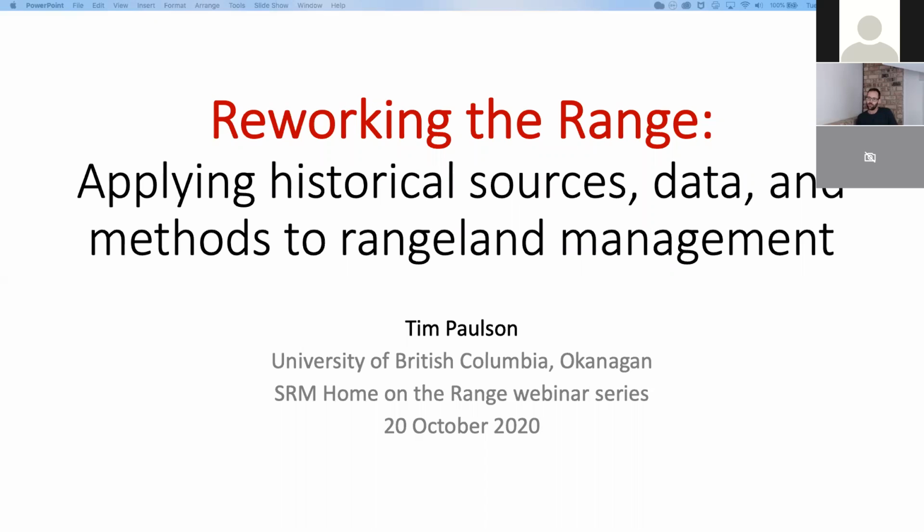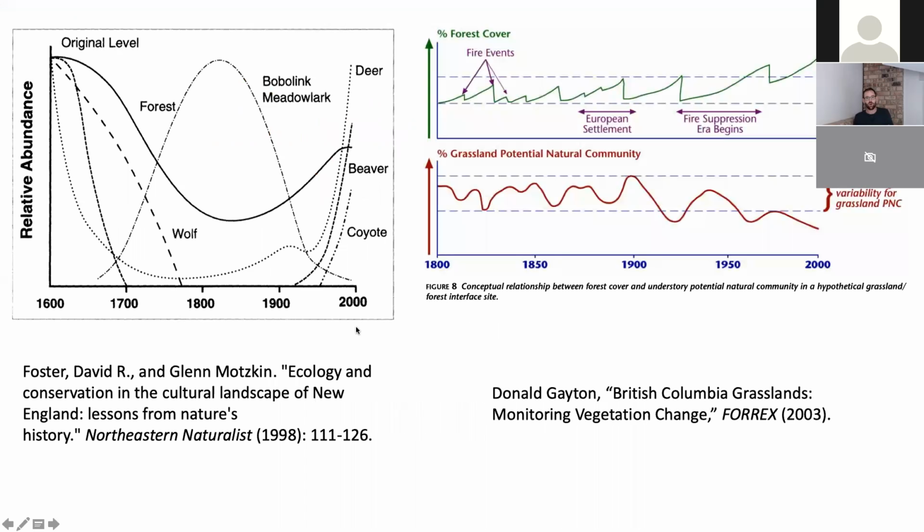Now, when I said people already rely on history, I'll give you some examples of historical thinking. These are visualizations, both by ecologists, Dig Foster and Don Gayton, that show historical trends, right?